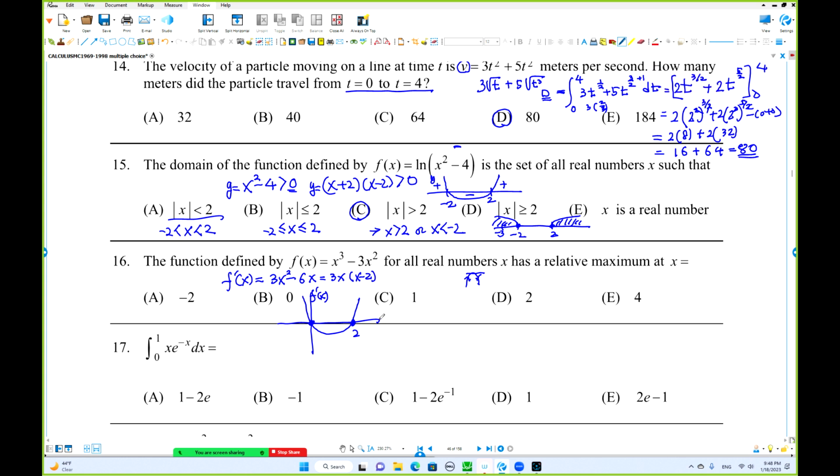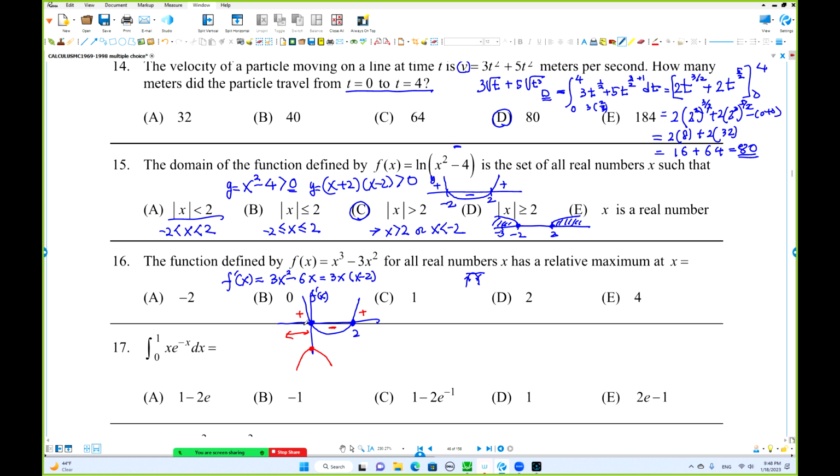So what can you see over here? This is positive, this is negative, this is positive. Because this is the graph of f prime of x, okay? The original graph is increasing from here to here, and then decreasing. At this point, x equals 0, it has what?